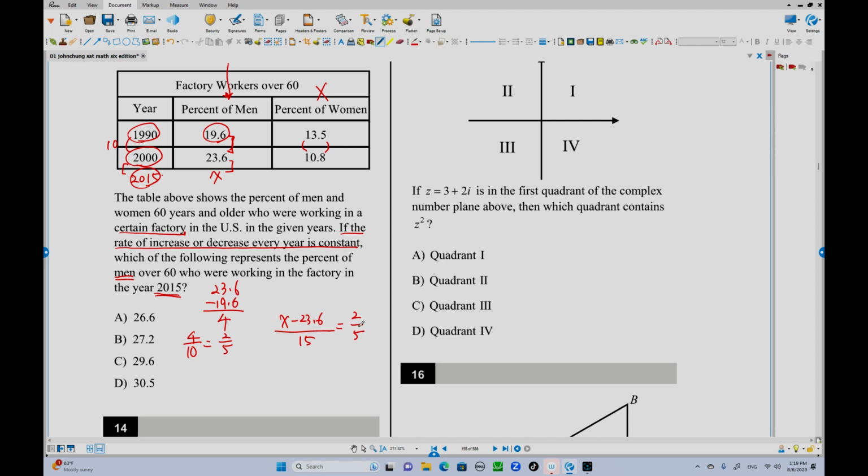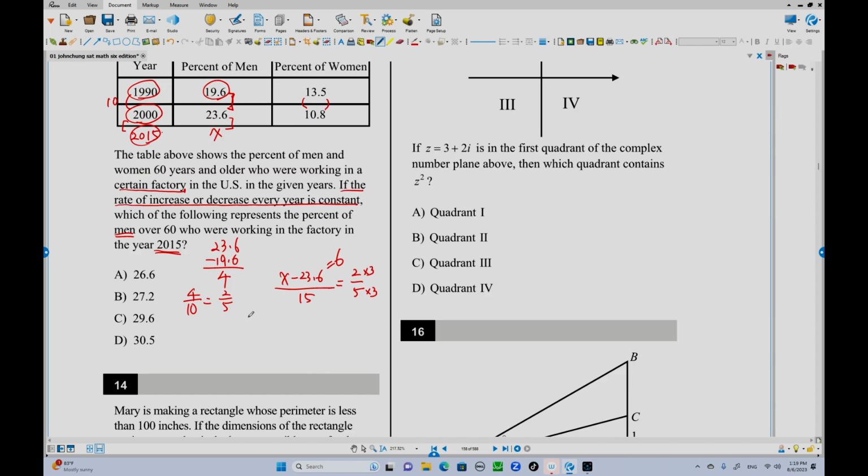You can use 5 times 3 is 15, 2 times 3 is 6. This way it's going to be 6. So what is the value of x? 23.6 plus 6 is 29.6.